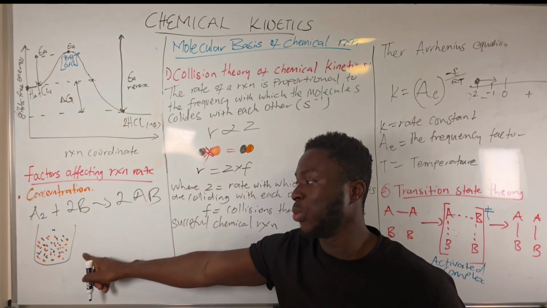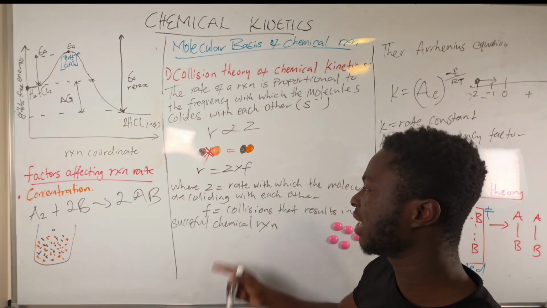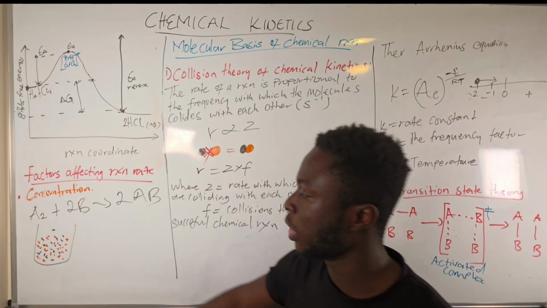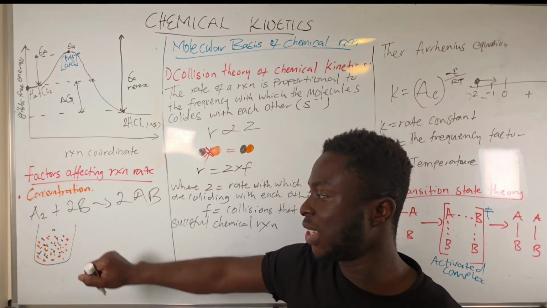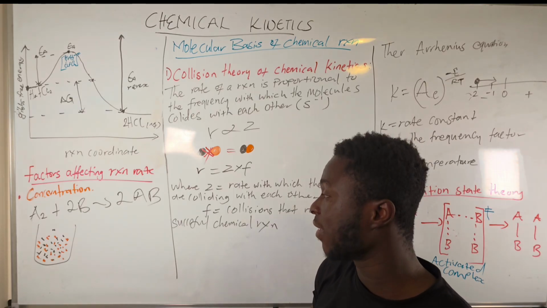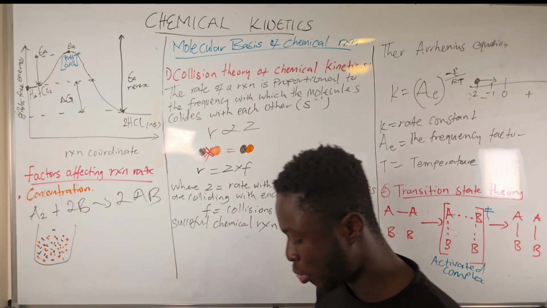So we are increasing the rate with which the molecules are colliding, which in turn will inherently increase the effective collisions also. So thereby, if we increase the concentration of the reactants, we increase the rate of the reaction. Of course, more and more of these are bombarding towards each other, and we are forming more products.